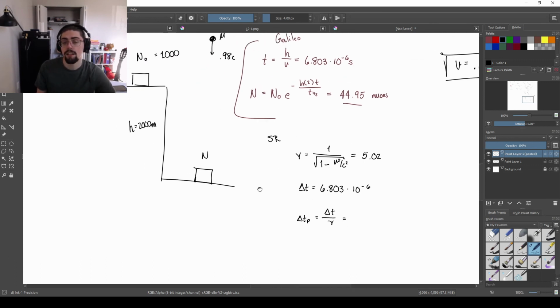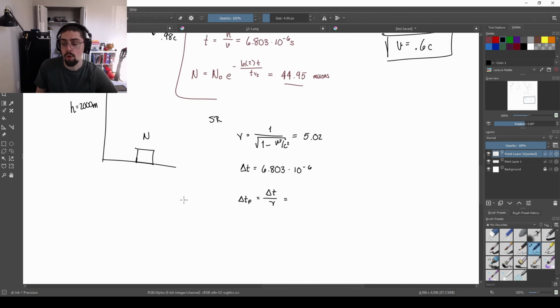That is to say, to get from the top of the mountain down to sea level, from the muon's perspective, only takes 1.355 times 10 to the negative sixth, not even one full half-life. That's how much the muon ages to get from the top of the mountain down to sea level.